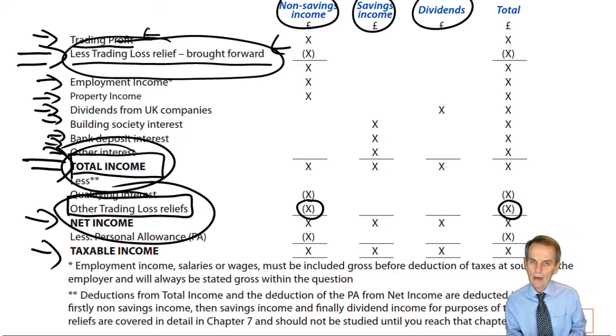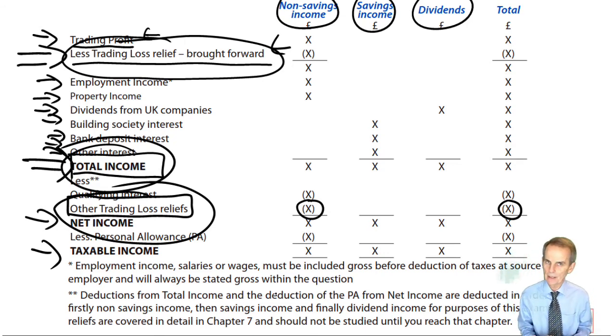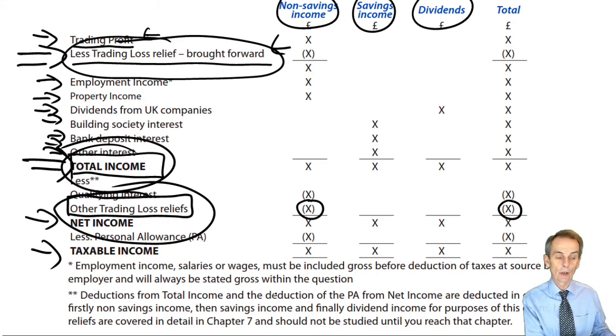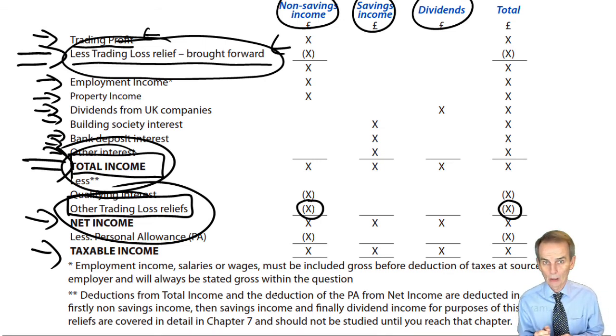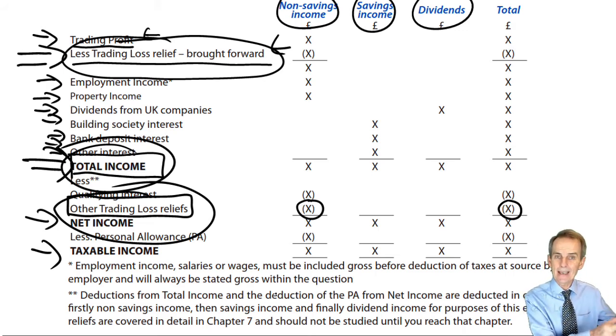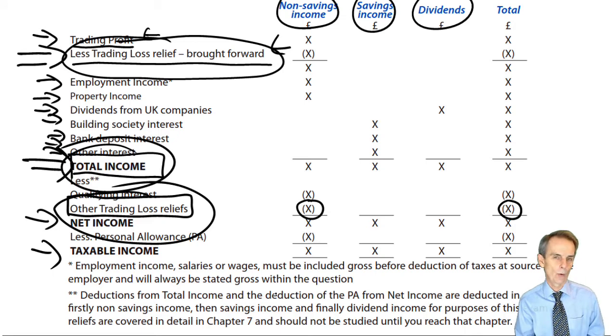Whereas, if you carried back the loss to the preceding tax year, then by the time you've established your computation for this year, any tax that would have been payable for the preceding tax year would by now have been paid. So if you are now able, as you are, to take that current year loss and set it off against the total income of the preceding tax year, then that allows income that was charged to tax for the preceding year and which tax charge we have by now already paid.